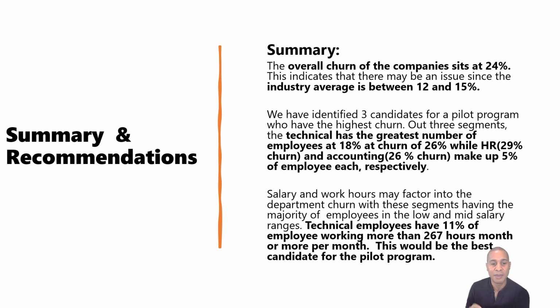Technical has the greatest number of employees and a 26% churn, while the other 2 that we've identified, which are HR and accounting, they're at 29% for HR and 26% for our accounting group, but they only represent together 10% of our employees. Salary and work hours may factor into department churn, with these segments having the majority of their employees in the low and mid ranges.